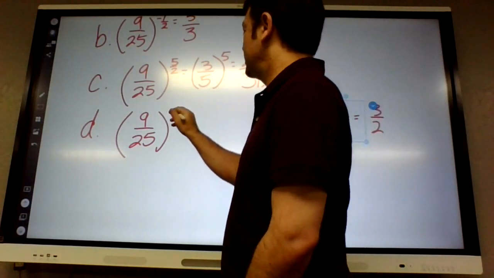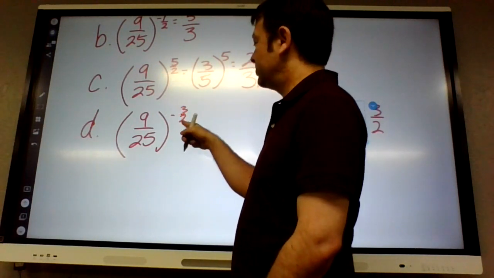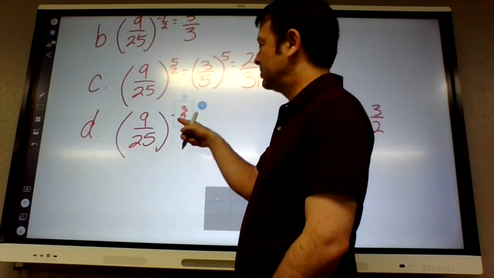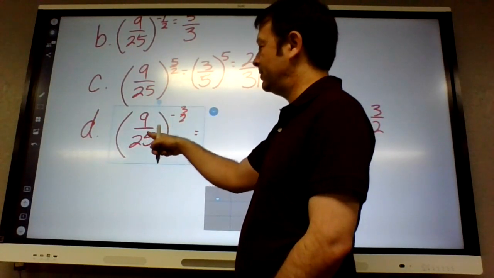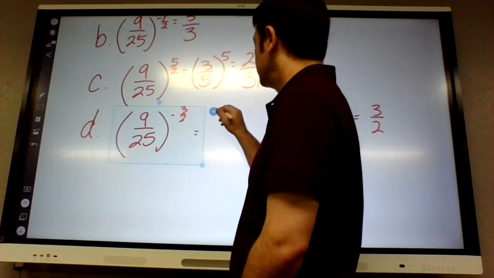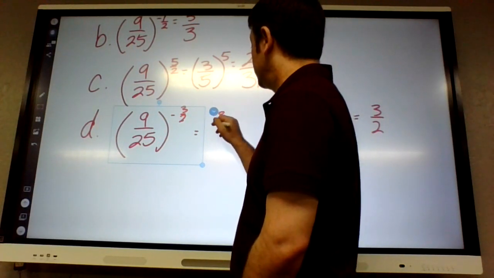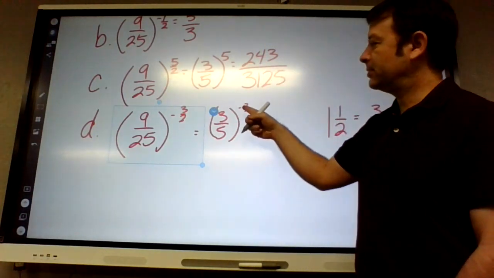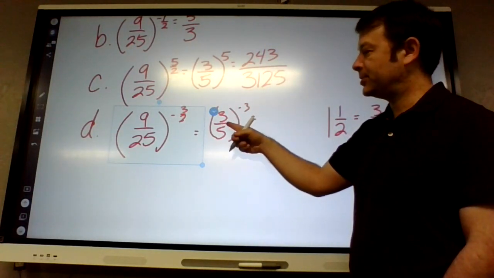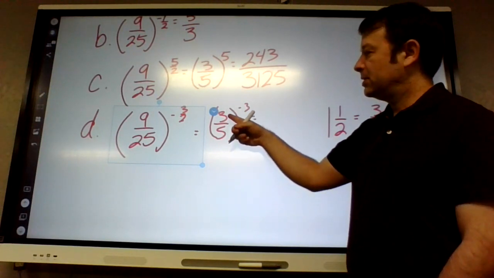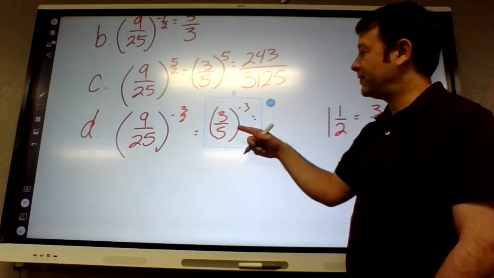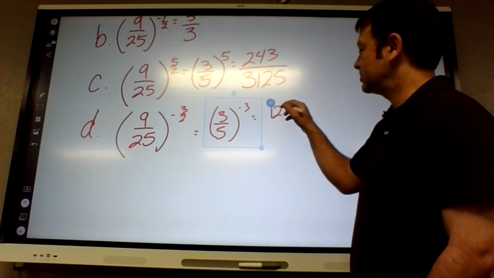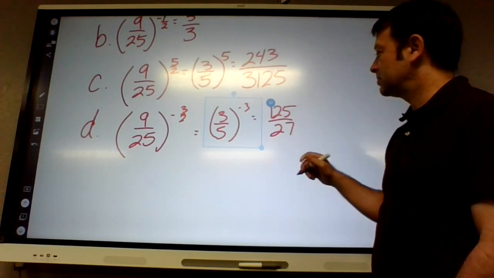So it's really negative 3/2. So what do we do with the 2? That's a square root. So that would be 5 and 3. And cube that. 3 cubed is 3 times 3 times 3, 27. I thought 5 cubed is 125, but what do I do with the negative? Flip it, upside down.